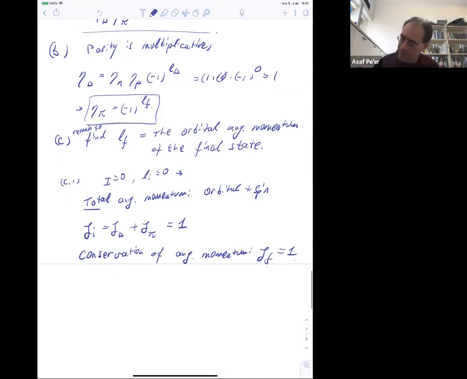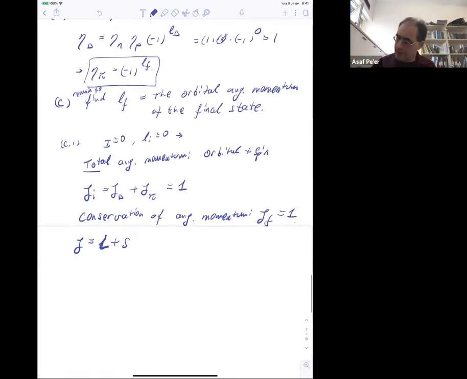Now J, remember, is the orbital angular momentum plus the spin. So in order to proceed, I have to resort to addition of angular momentum. So we know that J_F must be in the range of L_F minus S_F to L_F plus S_F.